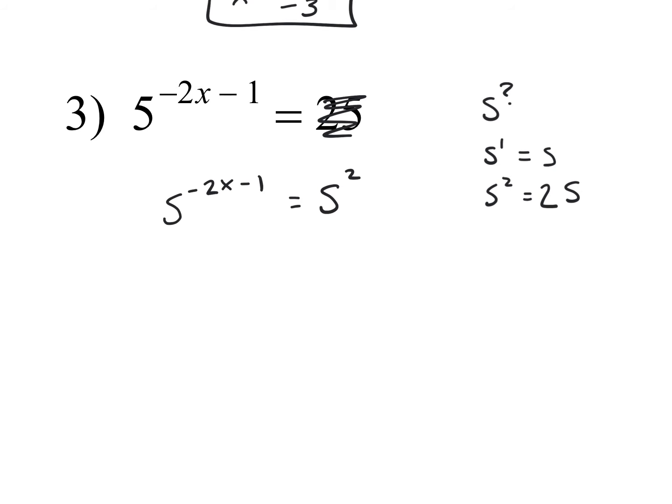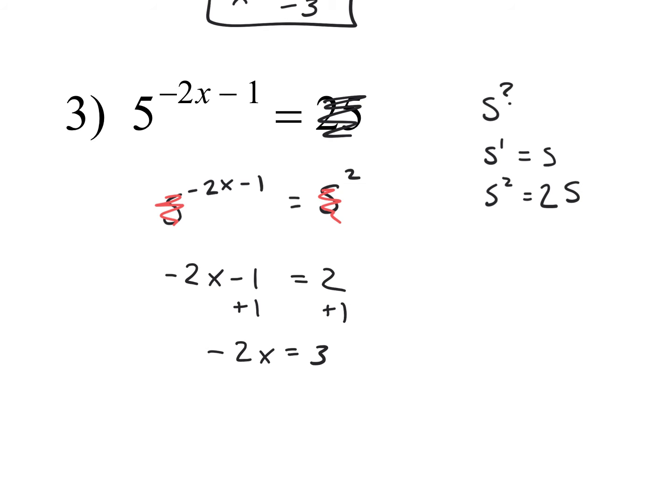What do we do once our bases are the same? Cancel them out. And then we just set the exponents equal to each other. So negative 2x minus 1 is equal to 2. What do we do from here? Add 1. So negative 2x is equal to 3.